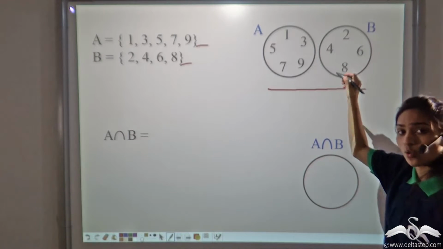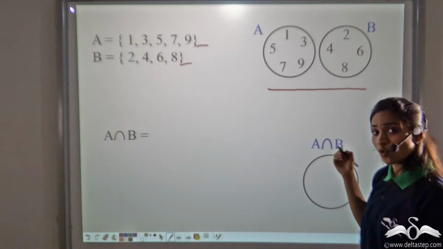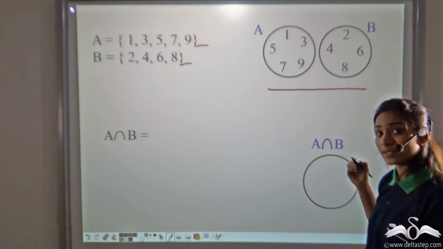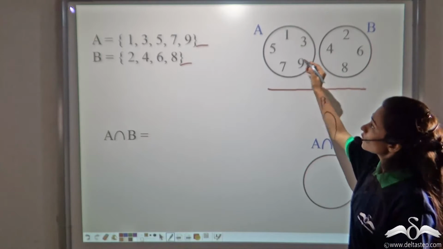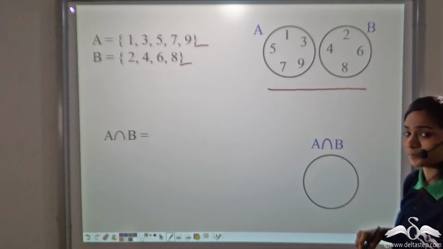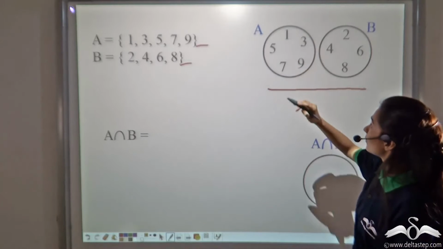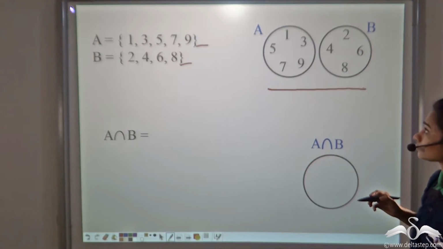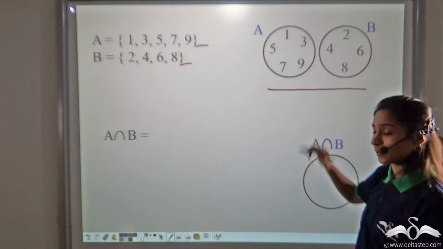We know that sets overlap when they have common elements between them, the elements that belong to both set A and set B. Here, can you see any element that is present in both set A and set B? Well, no. A has completely different elements and B has a completely different set of elements here. So there is no element common between A and B.